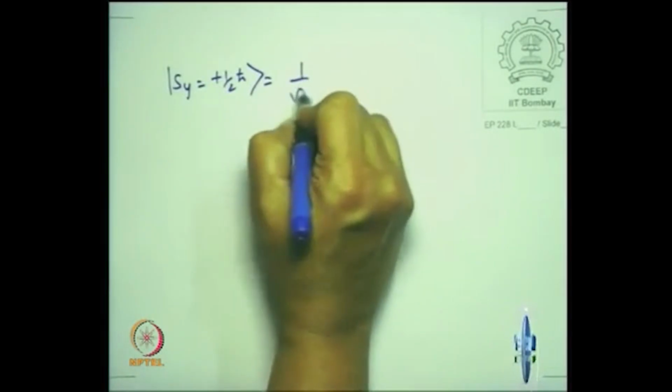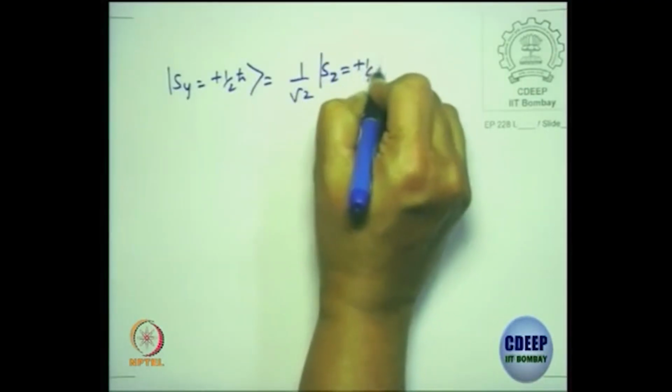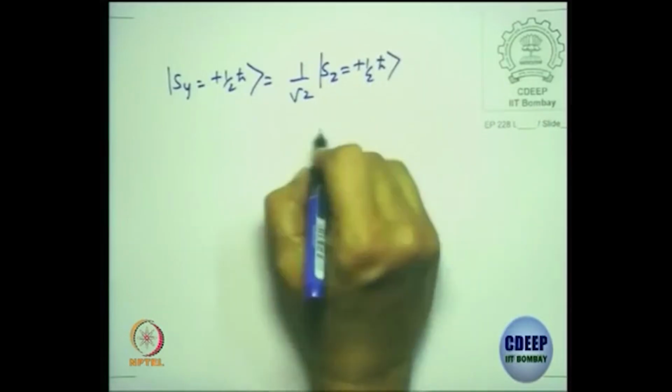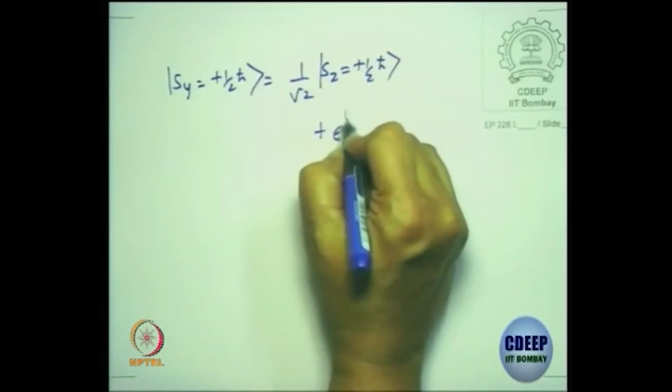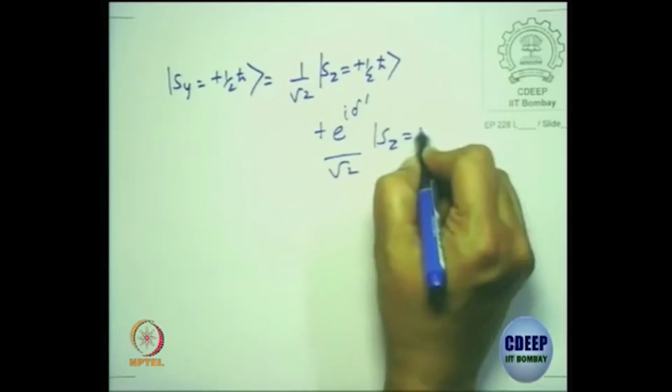Write it as 1 over root 2 times Sz equal to plus half h cross, plus e to the power of i delta prime by root 2 Sz equal to minus half h cross. I can do this.